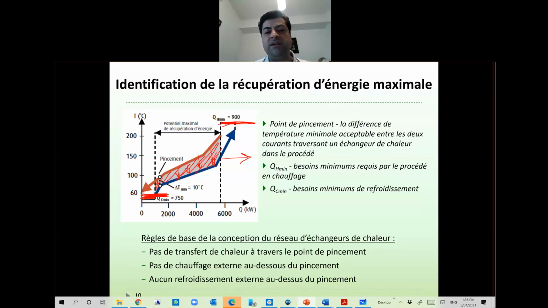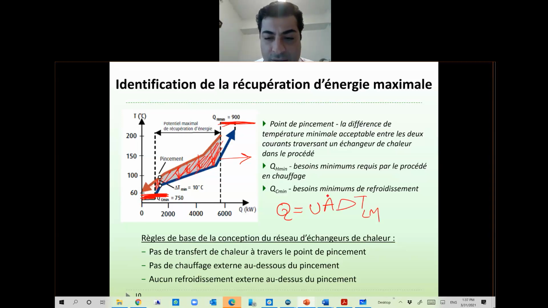But the thing is, this overlapping zone is a matter of capital cost. Because if you remember, we said when you design a heat exchanger, the equation is overall heat transfer coefficient multiplied by heat exchanger surface area multiplied by logarithmic mean temperature difference.